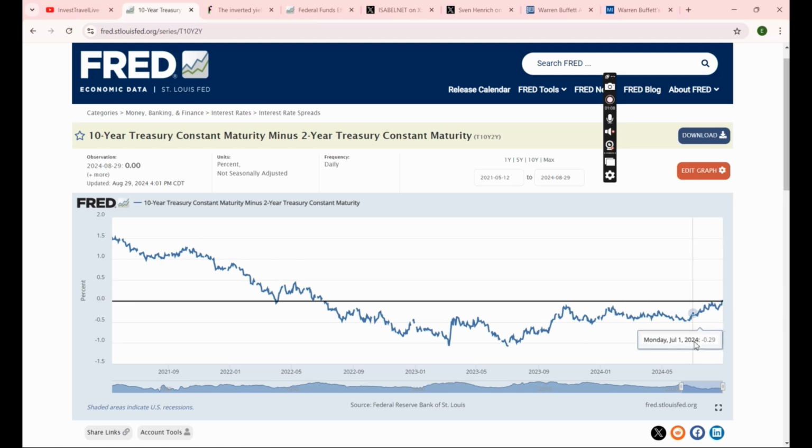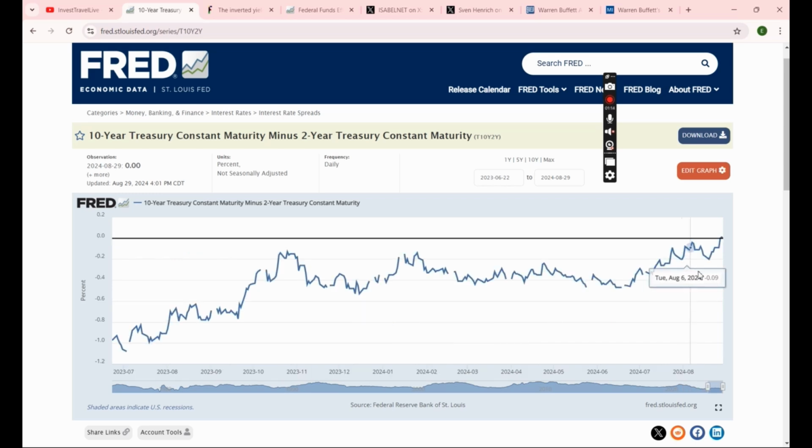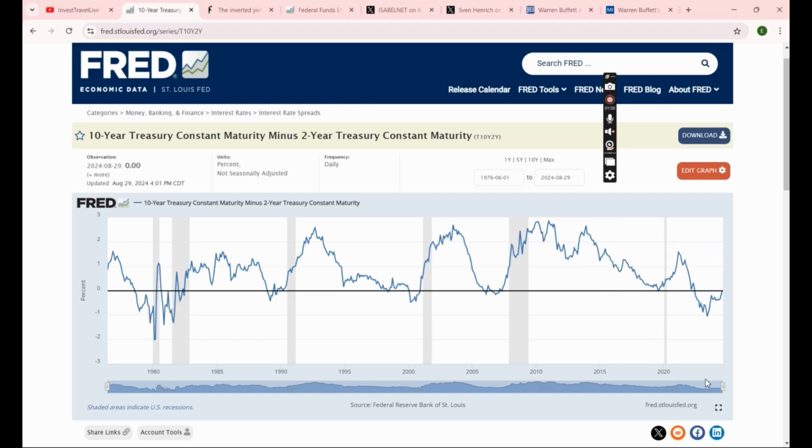To have a crash. That's what we're looking at. So if this is happening just now, literally, it happened a few days ago, we're looking at about 10 months on average to have a stock crash, market stocks crashing.